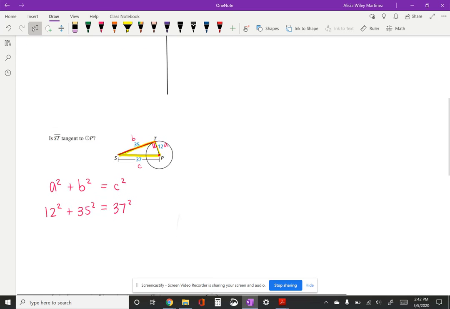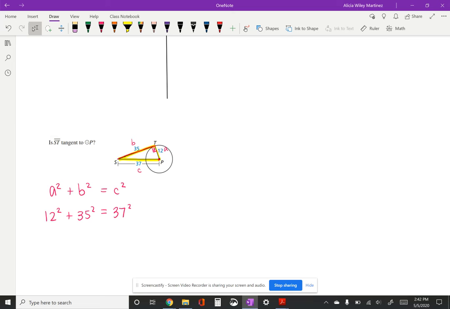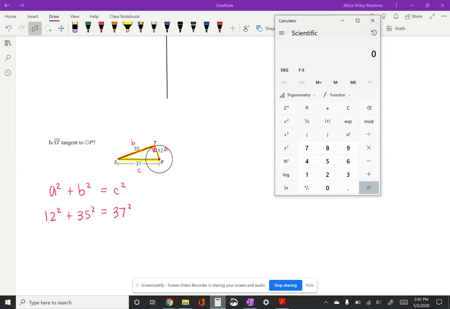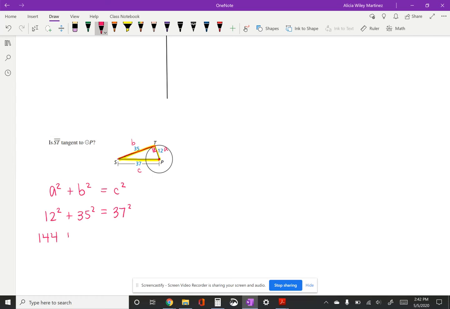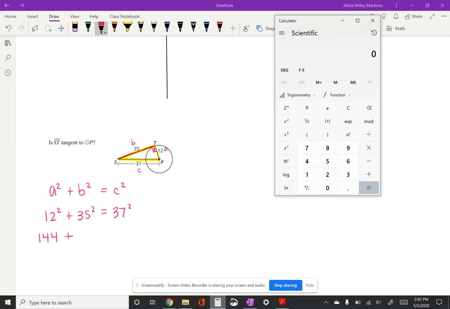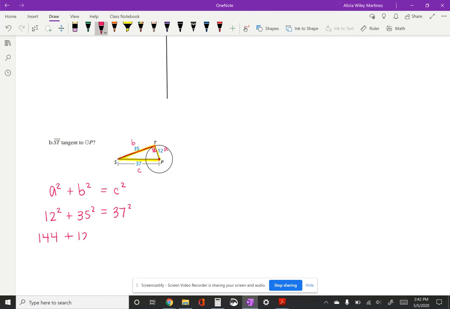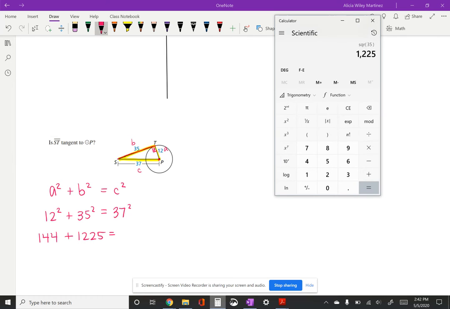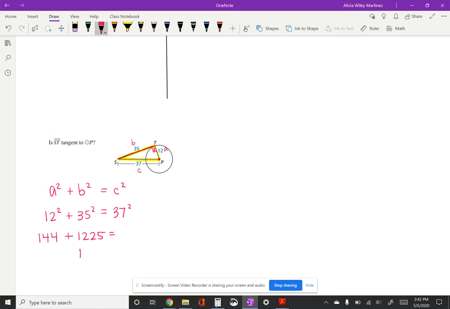Then using my calculator to simplify that, I know 12 squared is 144. 35 squared is 1,225. Adding that to 144, I get 1,369.